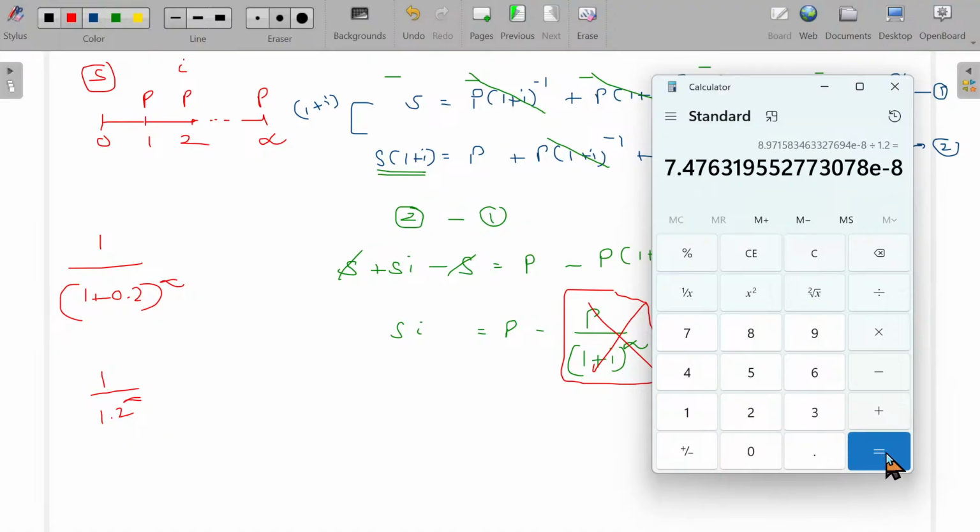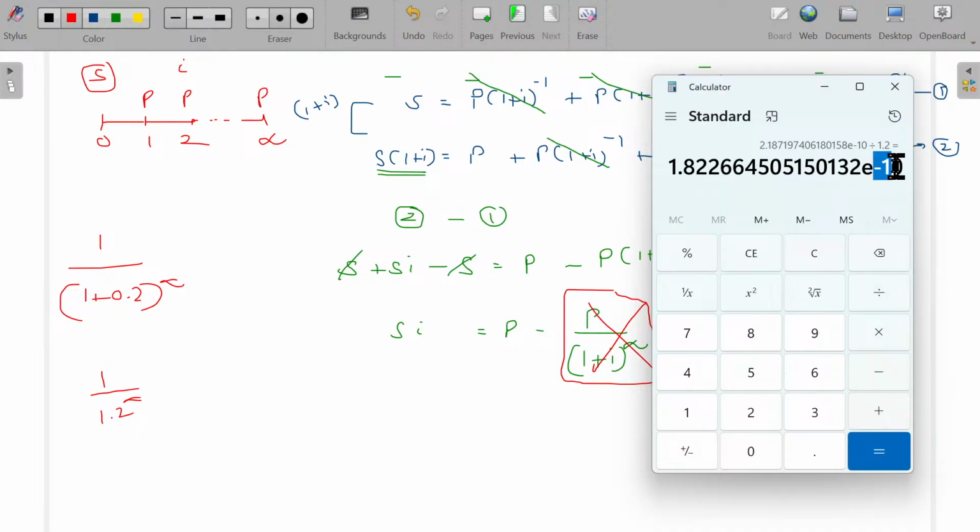Infinity is the highest possible number. In your non-scientific calculator, just try. It ends with 0 sometimes later. Okay, that's the logic. 1 divided by 1.2 equal. So you'll get the present value factor for first year, second year, third year, infinite period.